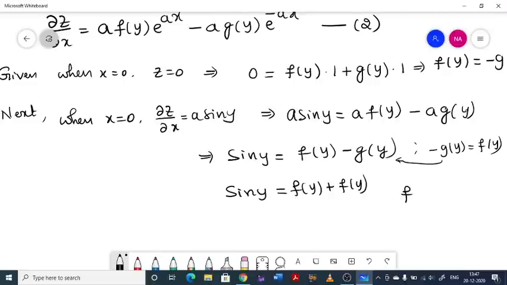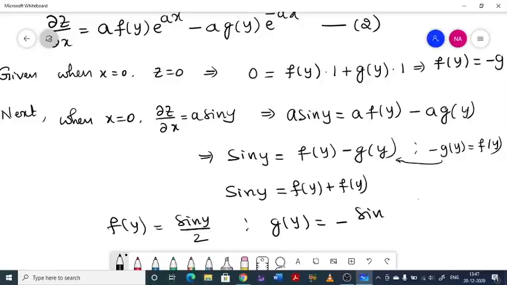Therefore f of y equal to sin y by 2, and g of y equal to minus f of y, so minus sin y by 2.